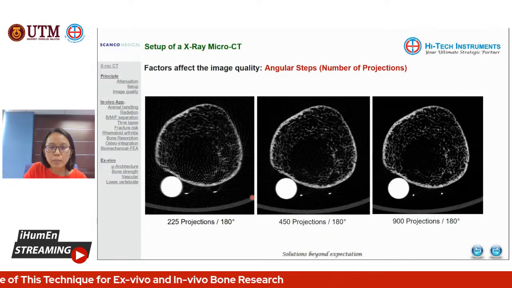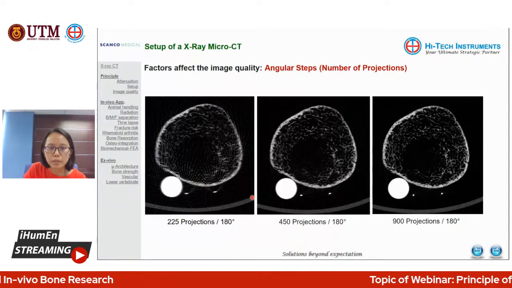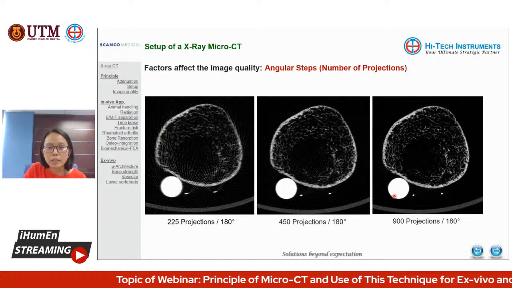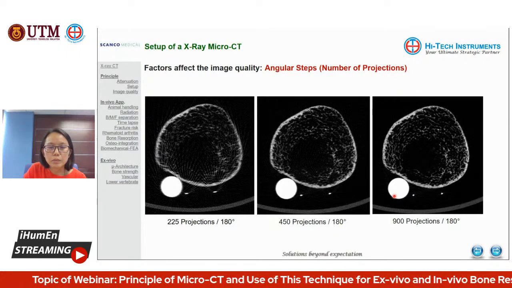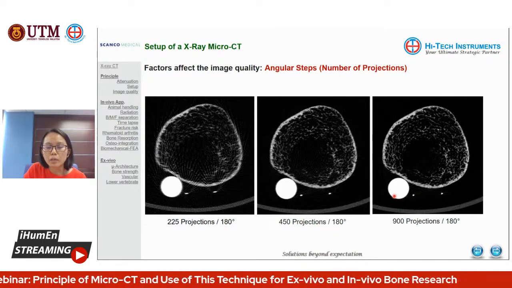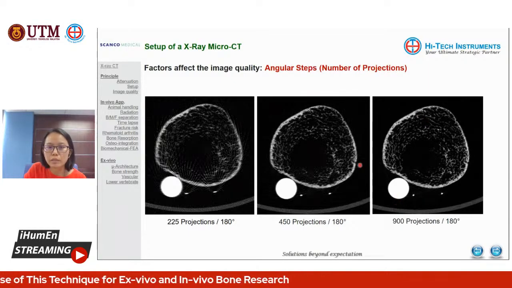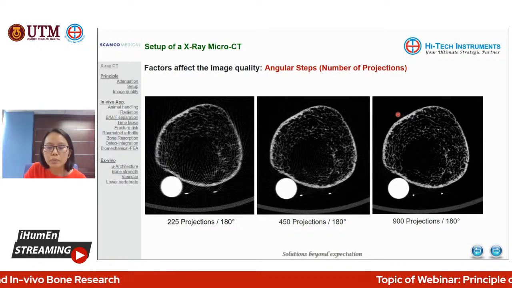Whereas for this, it's about 0.4 degree: it will rotate 0.4 degree to capture one piece of data. For 900 projections, it will rotate 0.2 degree to get one piece of data until it has rotated 180 degrees. So from 0 to 180 degrees, 900 projections will have been captured.